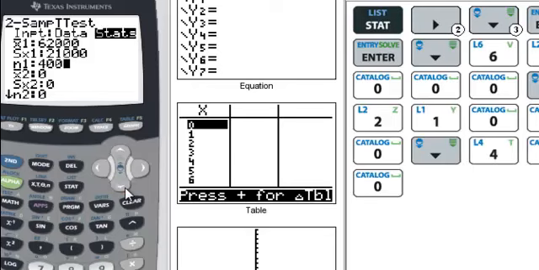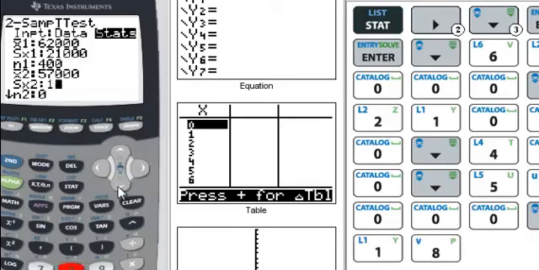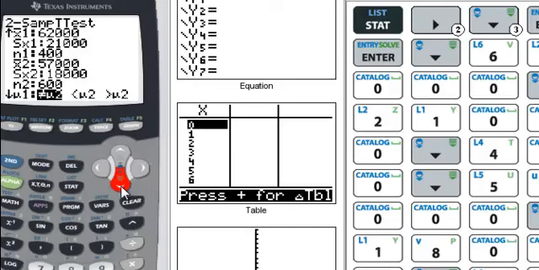That's our n1. And then we have our x2 bar, which I think we said was 57,000. And then the standard deviation, which I think was 18,000. And then the number in the sample, which was, I believe, 600. And then let's just keep going down. What else do we need?